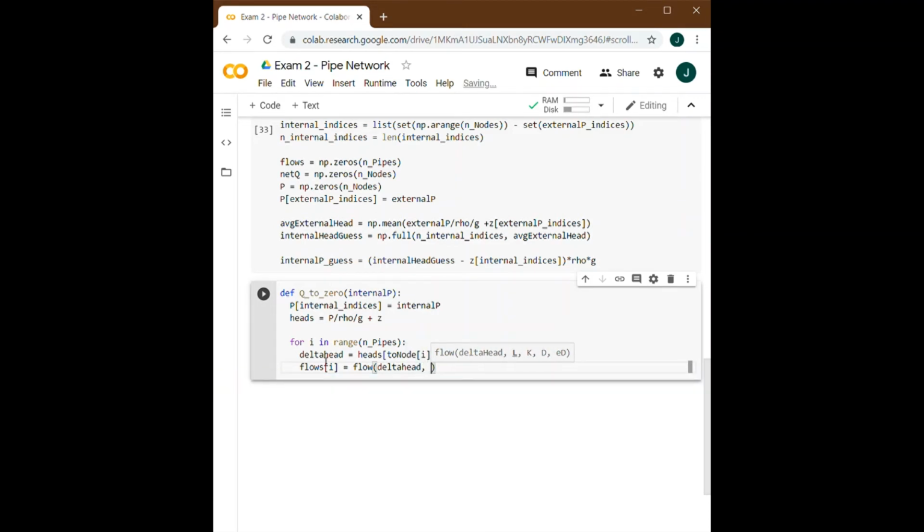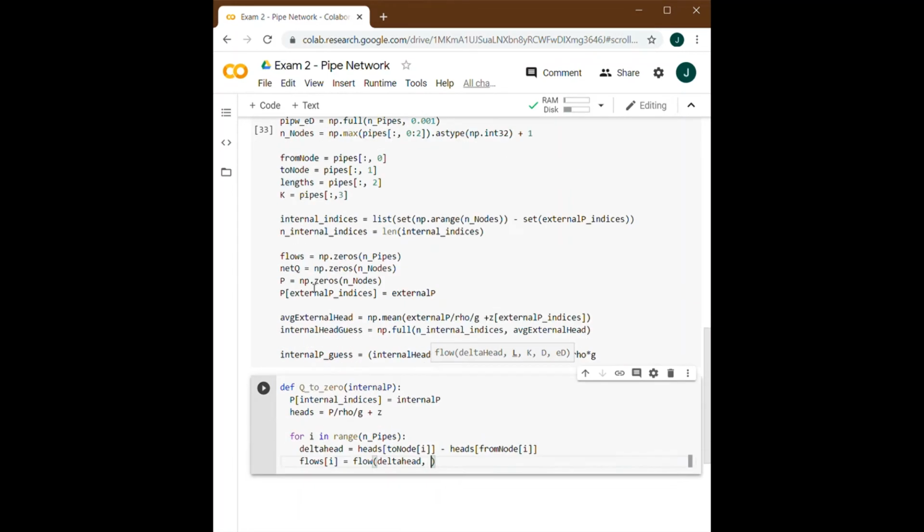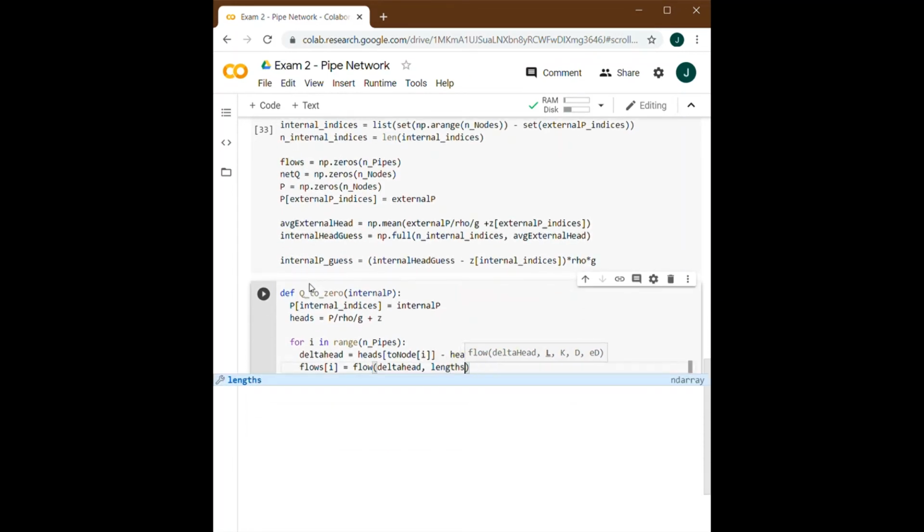Then we need our length, which we get from our array lengths here. So we got length of I. Then we need our k value, just k of I.